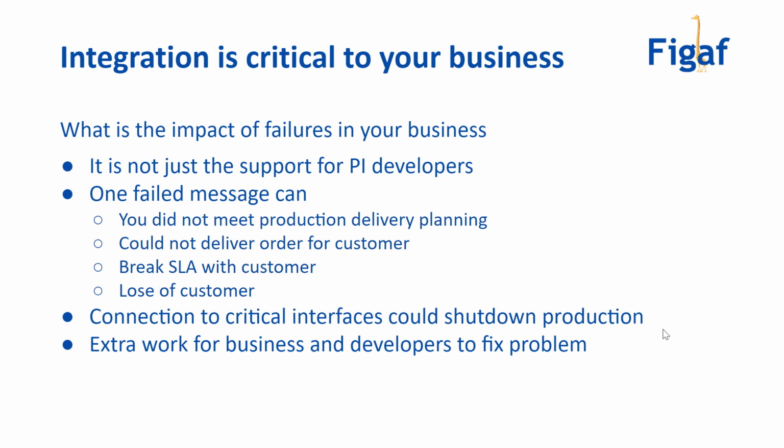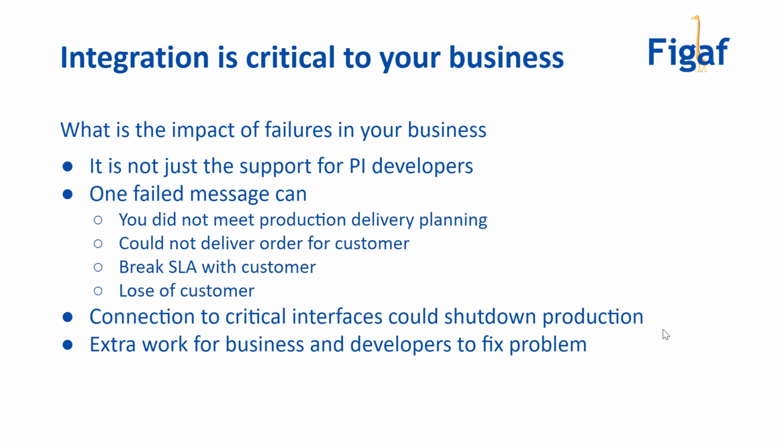So for instance, if you have a message that failed, it can mean that this specific order does not meet the timeline for production requirement. Integration is customers' money, getting data from your customers. So if you're not meeting the requirement for planning, then you may not be able to deliver the order, and then you break the SLA with that specific customer.